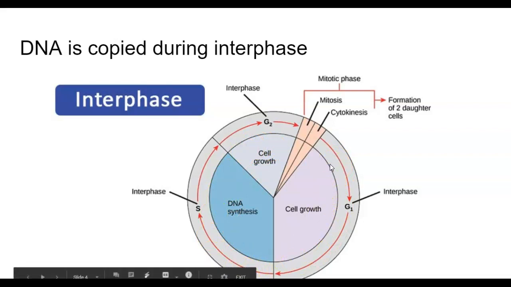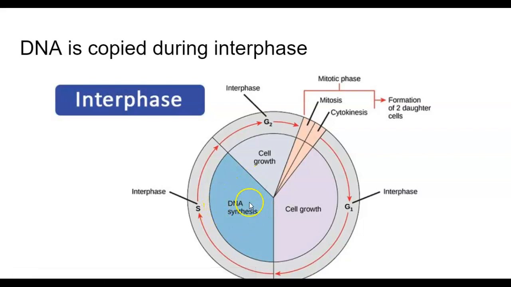We talked about what the cell does during interphase, and you can see here, the cell grows, it makes DNA, that's DNA replication or DNA synthesis, that's what we're talking about now, and it grows again, okay? And this is all to prepare for mitosis, the rest of the stages, right? PMAT, prophase, metaphase, anaphase, telophase, where it's going to divide.